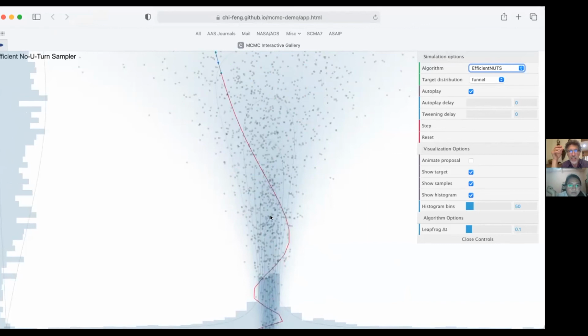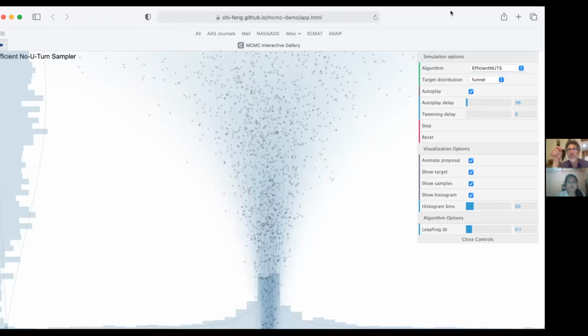But each step takes more calculation. You can see all those wiggles. It takes computing time to compute those curves and to make the next step. Whoops, I lost it. I think I stopped it by mistake.